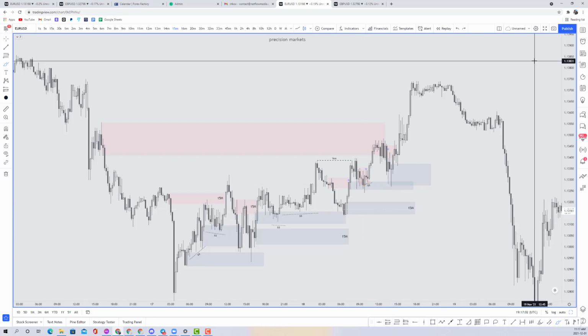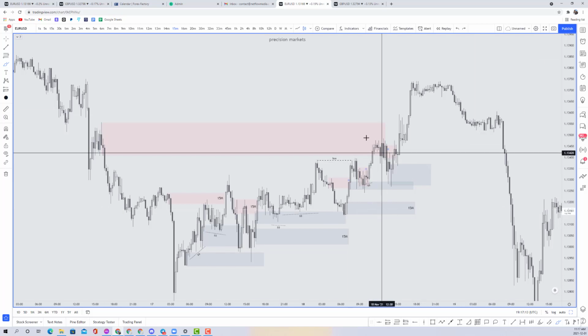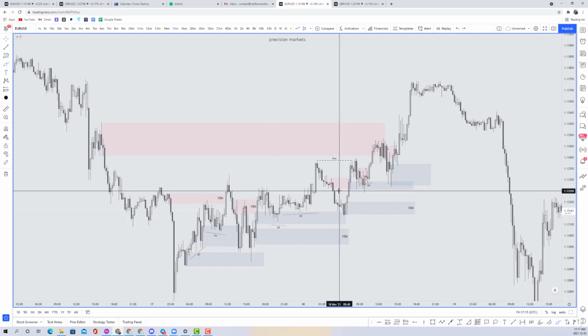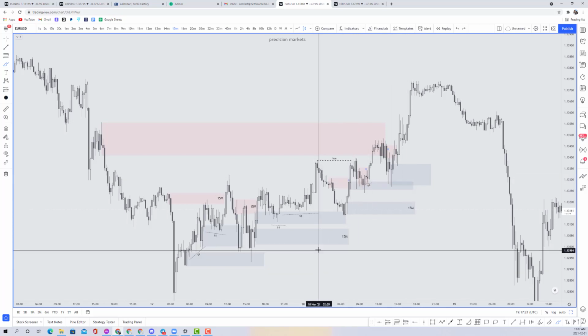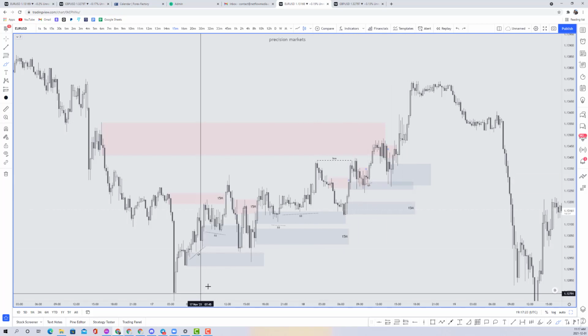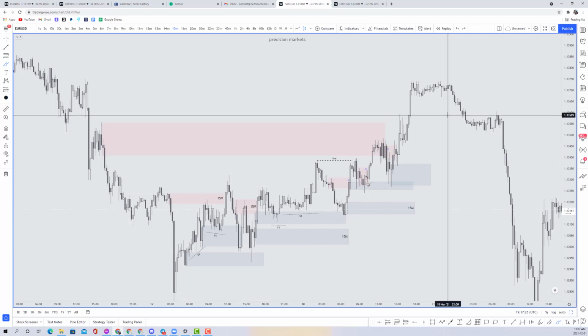The market's the exact same with the larger time frames. You'll be able to investigate on the lower time frames and find exactly where the money exchange hands. This isn't a picture perfect system, but it can help to improve your odds where you find where the money exchange hands and the market flipped again. Because ultimately you're always flipping down or flipping up. Either demand's in control or supply's in control.